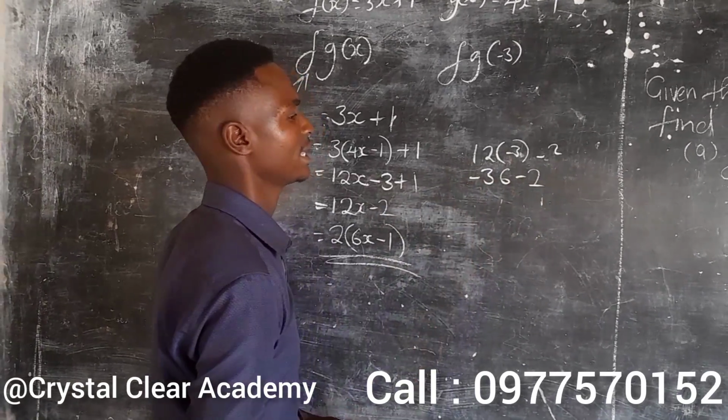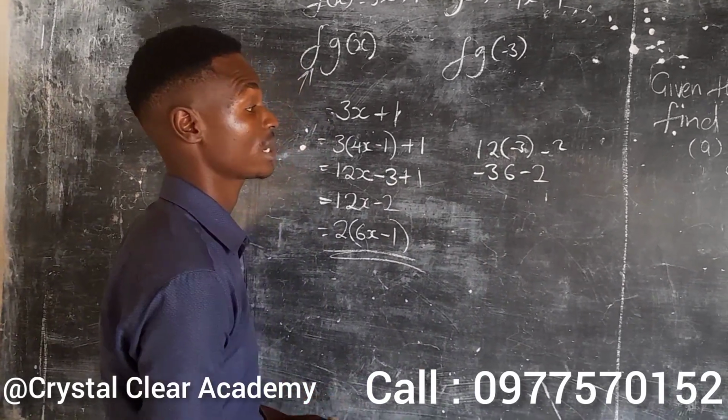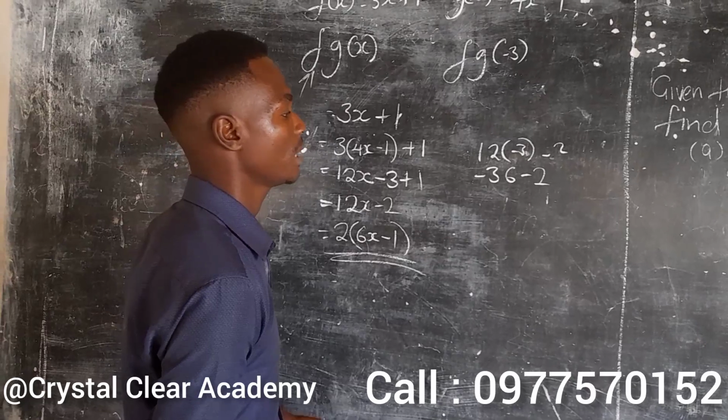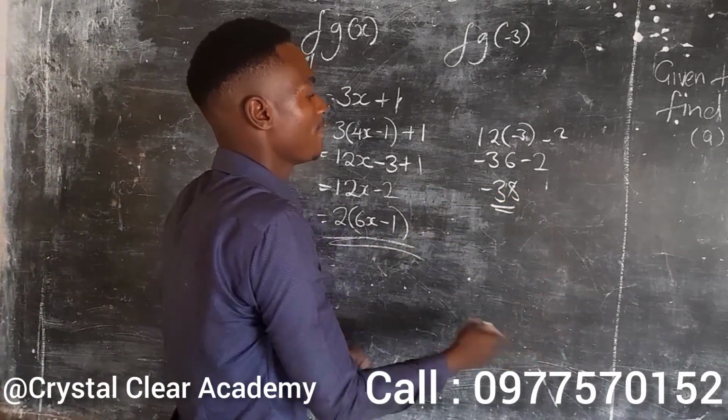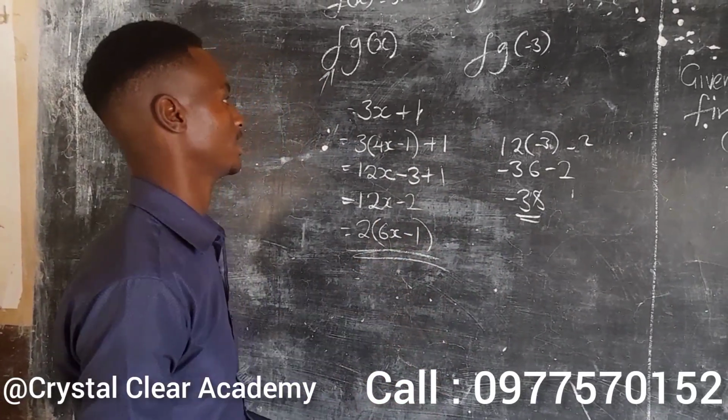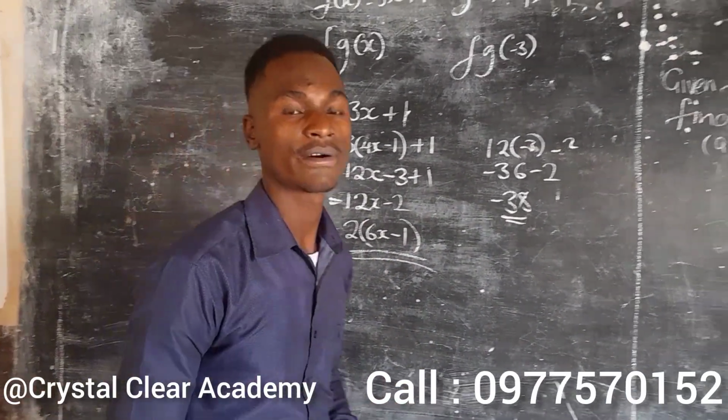Remember what I said earlier, that when you have two negative numbers, you just add and then put the sign. So it will be negative 38, which is a whole number, just a whole number and not an expression. So this is how you solve functions.